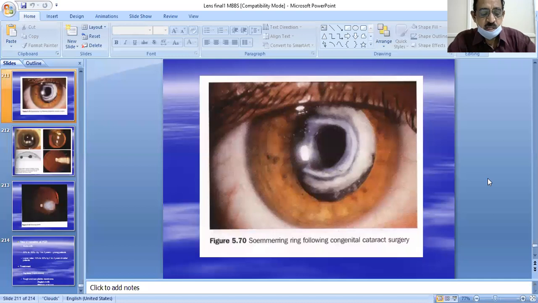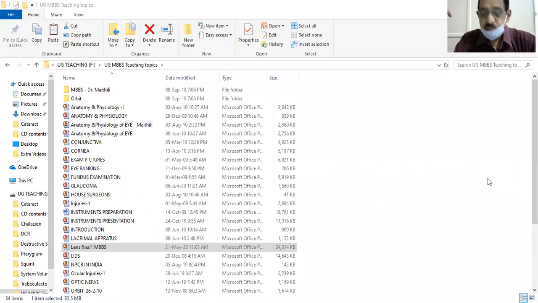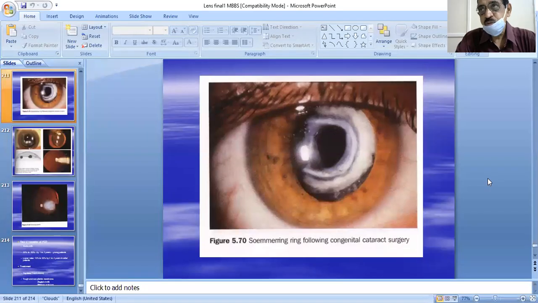So the various types of lenses we have are based on the method of fixation. One is the anterior chamber lens. Suppose there is no posterior capsule, be it an extracapsular cataract extraction with a large posterior capsular rent, or an intracapsular cataract extraction.